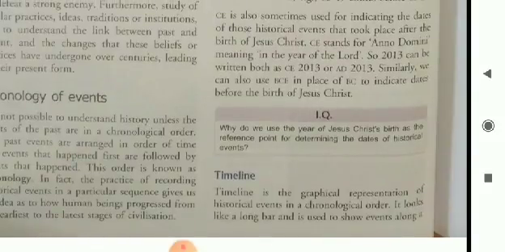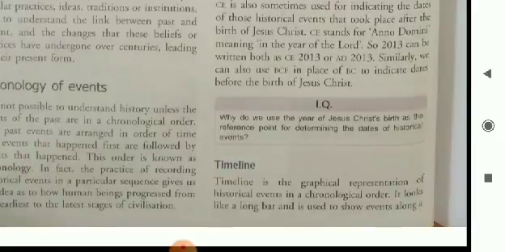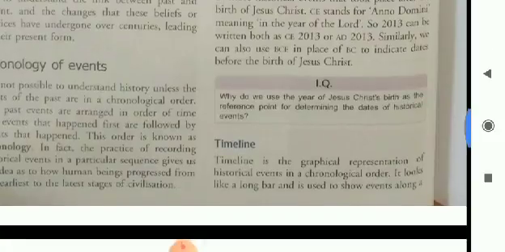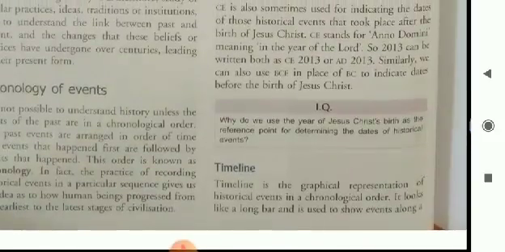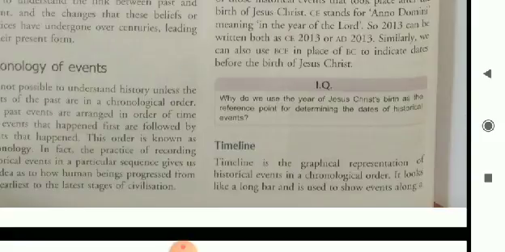CE, Common Era, is also sometimes used for indicating the dates of those historical events that took place after the birth of Jesus Christ. AD stands for Anno Domini, meaning in the year of the Lord.